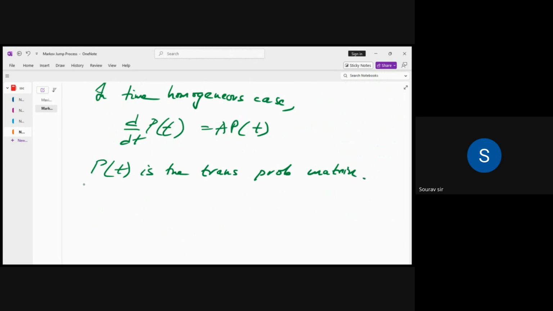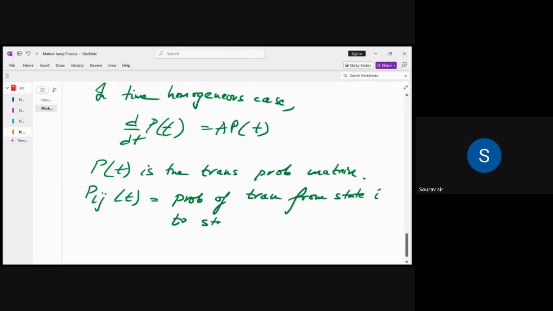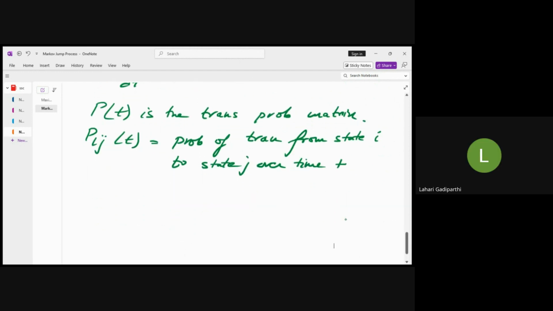Here P_ij(t) represents the probability of transitioning from state i to state j over time t. Now A is called the generator matrix with entries U_ij.